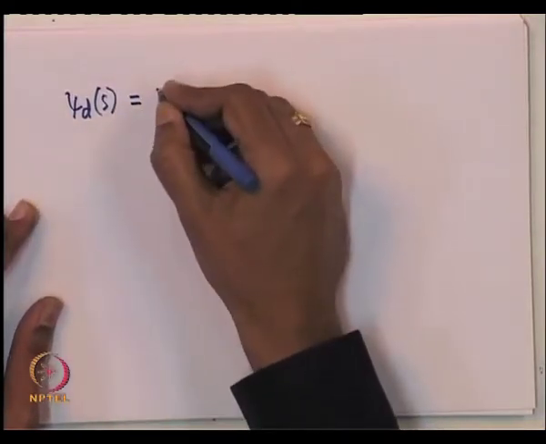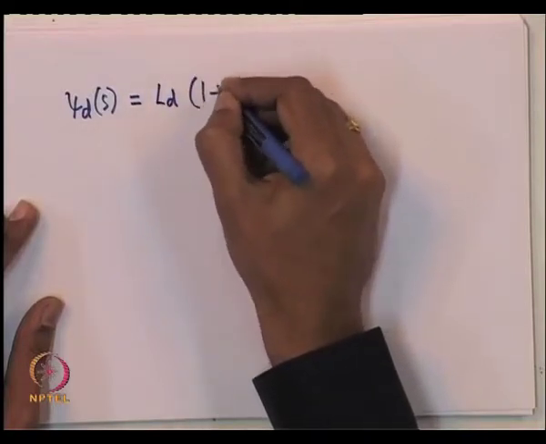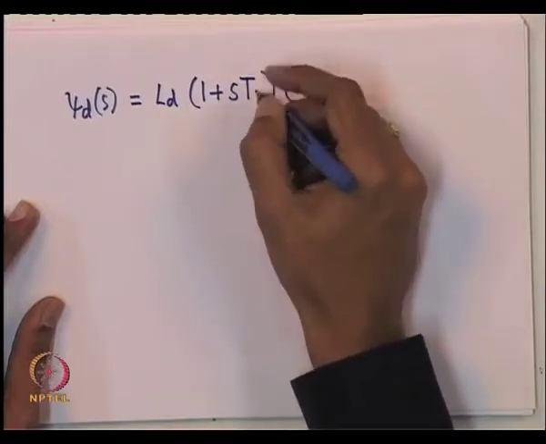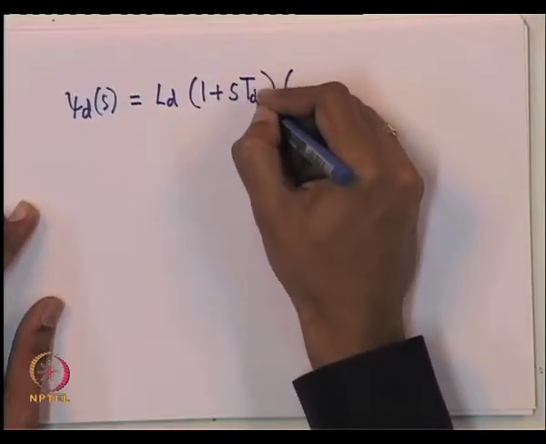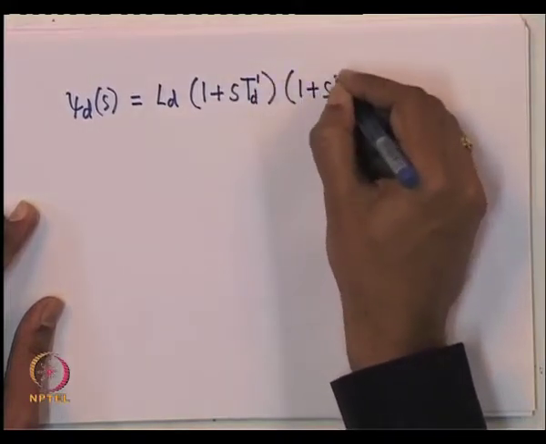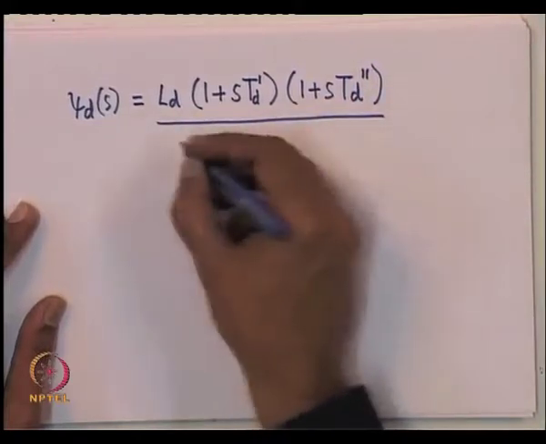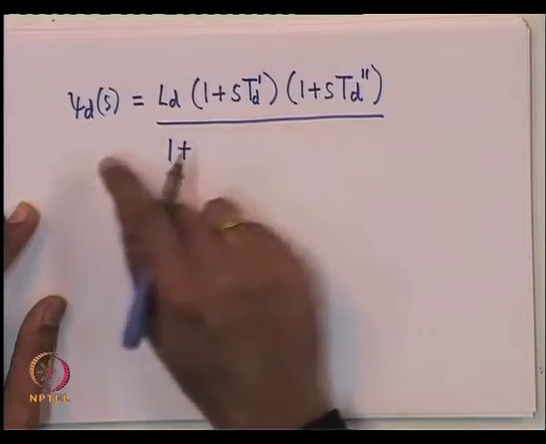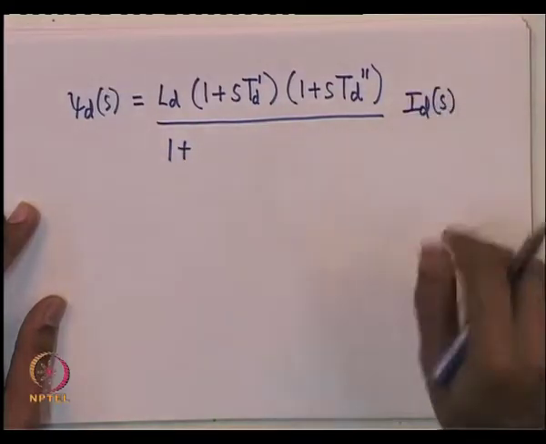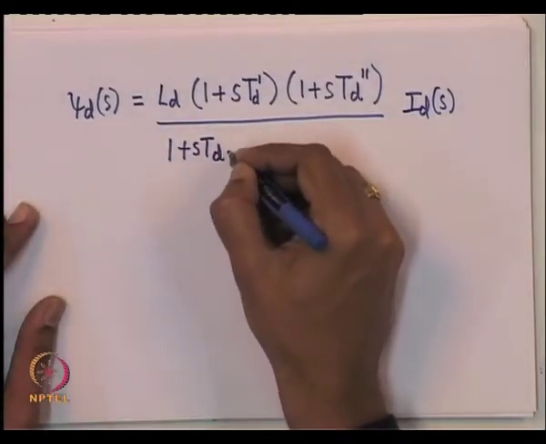In fact, it will be L d into a transfer function, it will have this form. This is of course obtained provided you keep the field winding shorted, otherwise you will have another term in V of s. Okay.